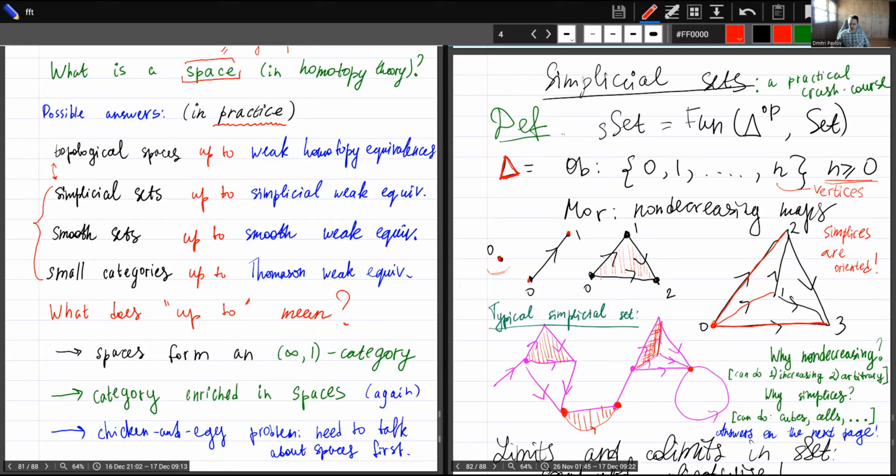You can click on the green check mark in your reactions if you have seen simplicial sets before. All right, almost everybody.